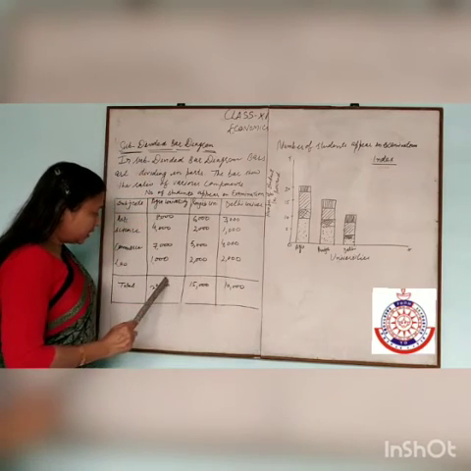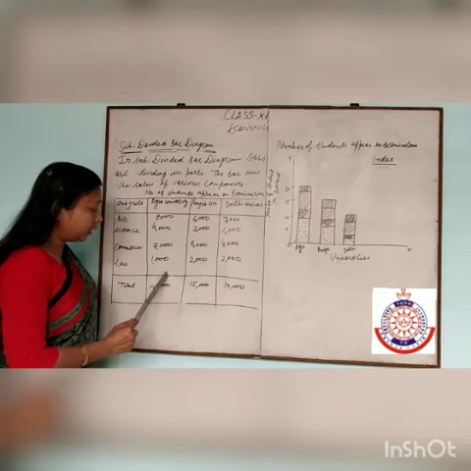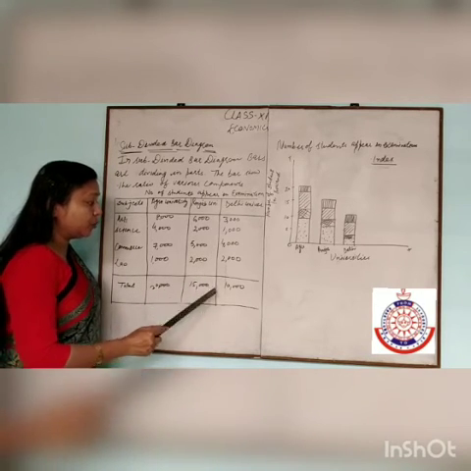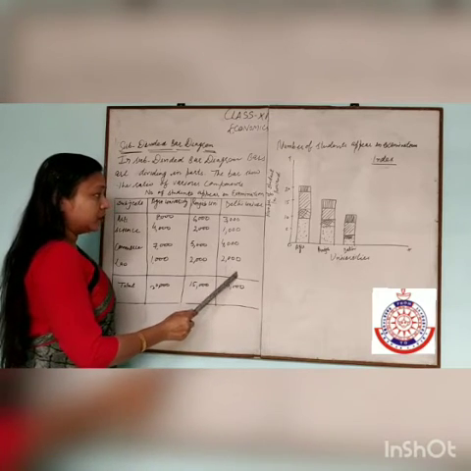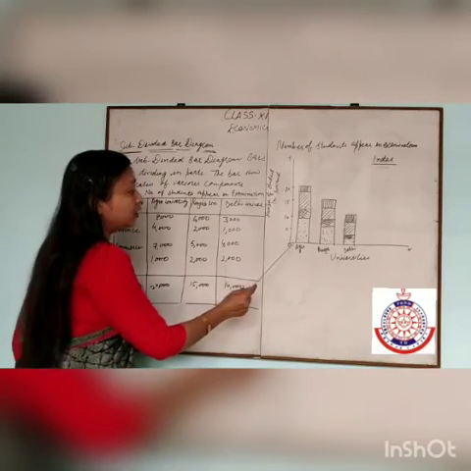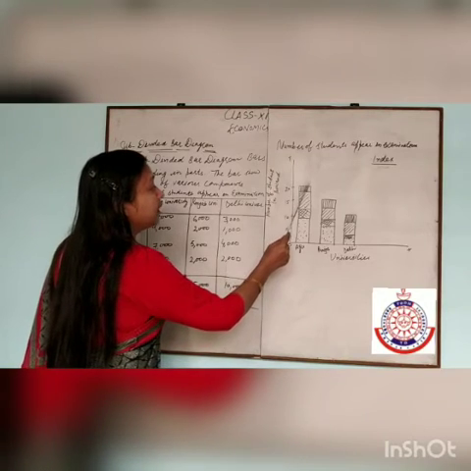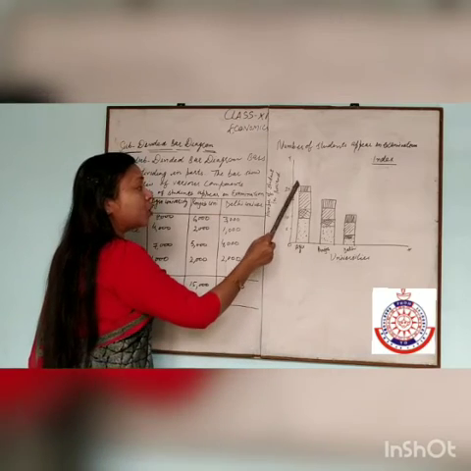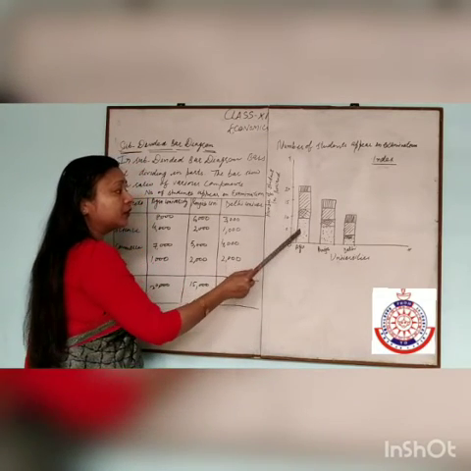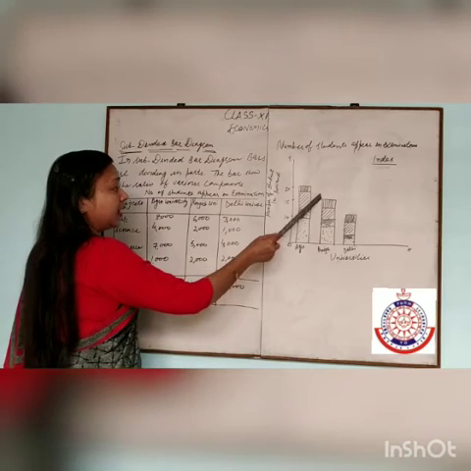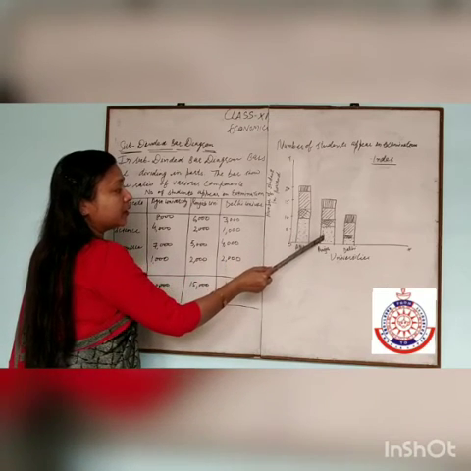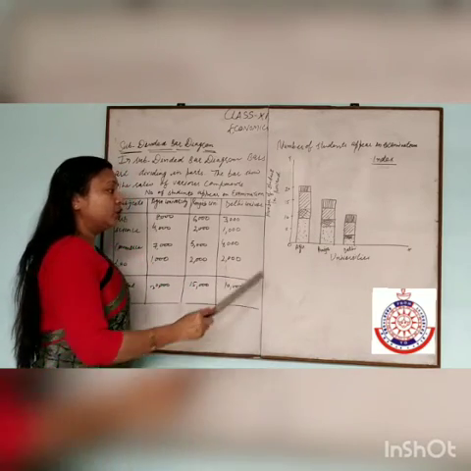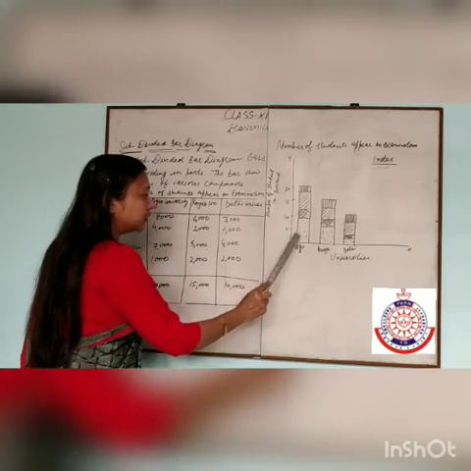First of all, see how many total students appear in Agra University, then how many total students appear in Punjab University and Delhi University. In Agra University, 20,000 students appear. So you have to take the total students for each university.